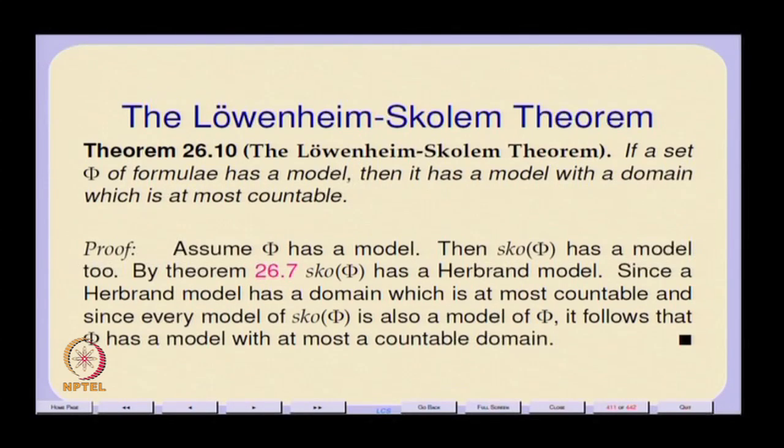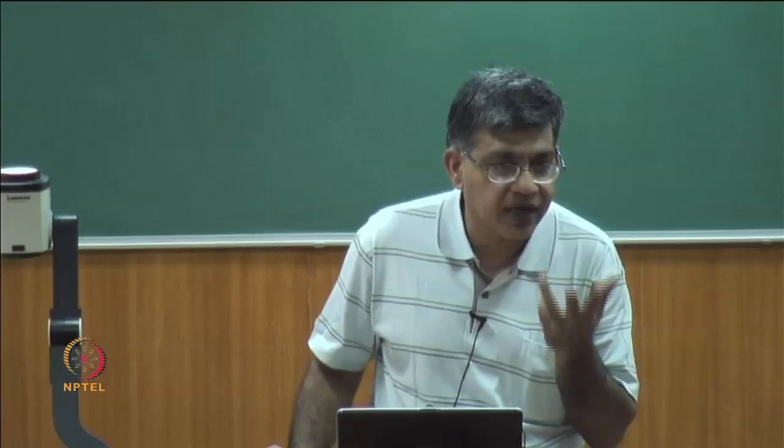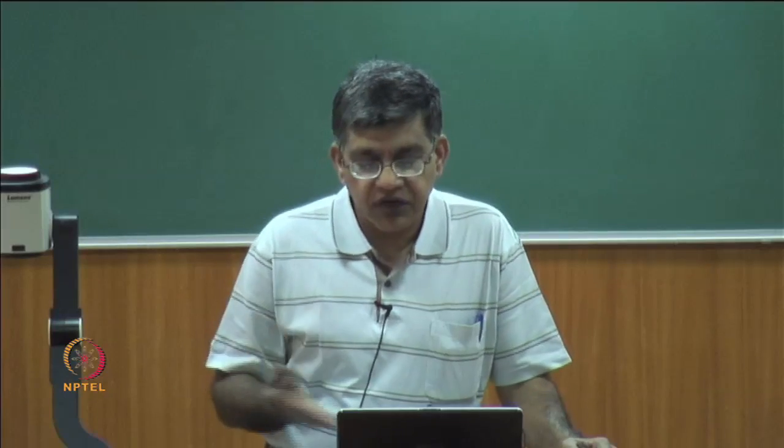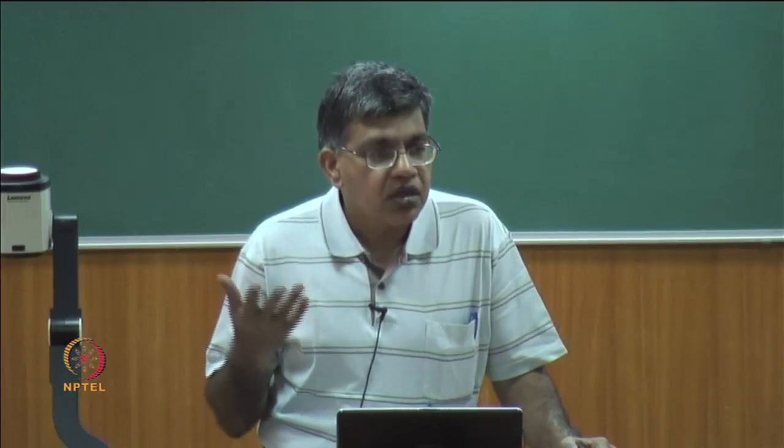So, it has a model if and only if it has a Herbrand model, and for a finite or countable signature, every Herbrand model has only an enumerable number of terms, right, and the term language itself is the domain, and that is a countable set, right.